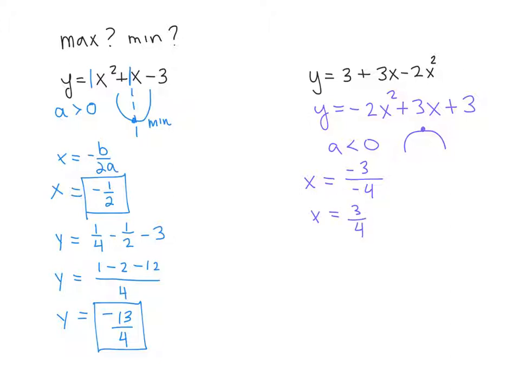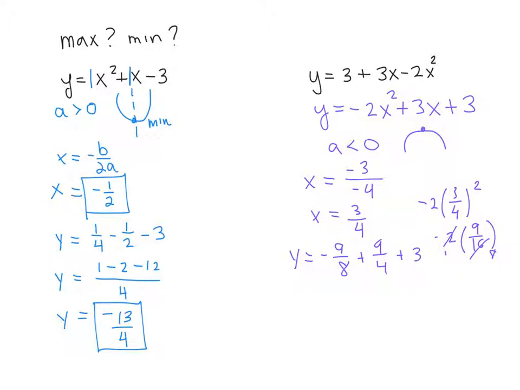Now plug the x into the equation. We have y is equal to, let's do this on a side note, negative 2 times 3 over 4 squared. That's negative 2 times 9 over 16. So cross out, we have 1, 8, so that's going to be negative 9 over 8. 3 times x, that's 9 over 4, plus 3.